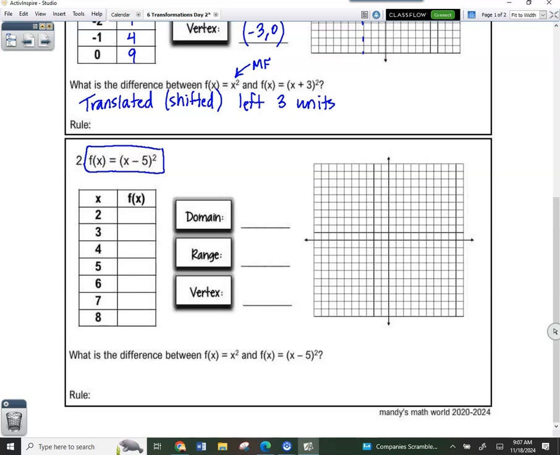Can someone tell me the table? It's only going from 2 to 8. So I can see that's the vertex. I see its symmetry.